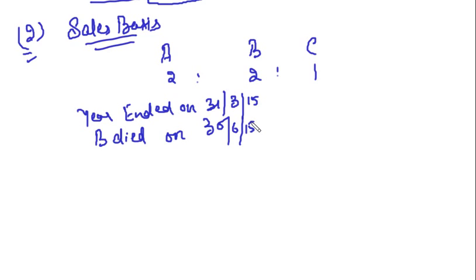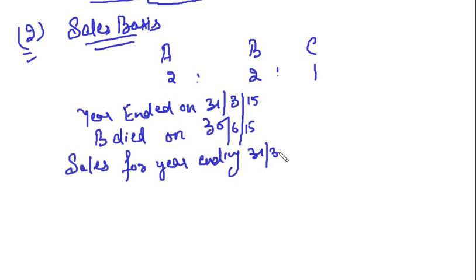Simple information. Now what we are given next is, he says sales for year ending 31st March, that is for the previous accounting period, the sales were 3 lakhs.